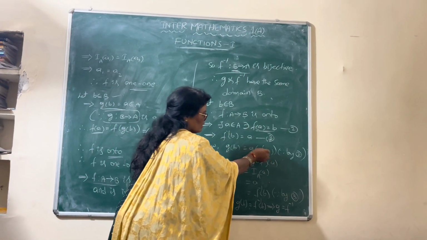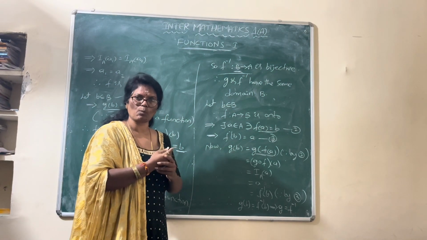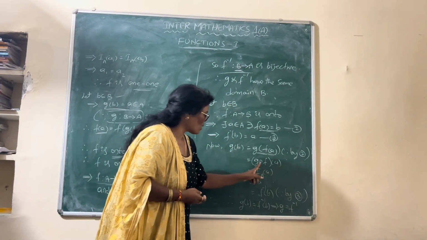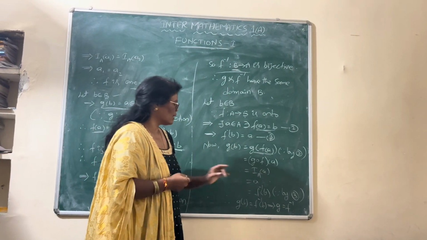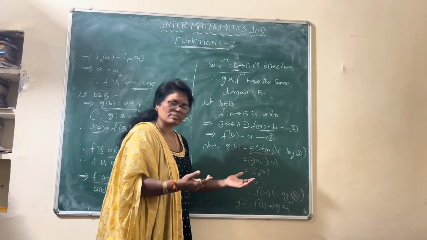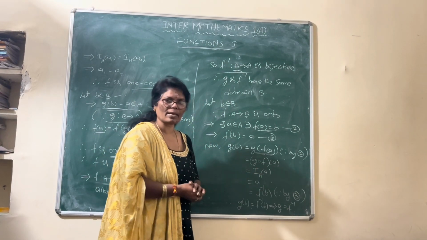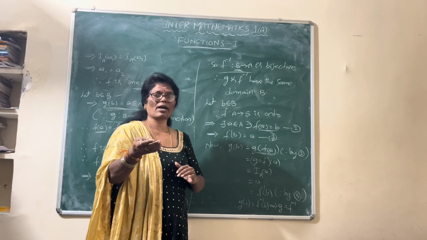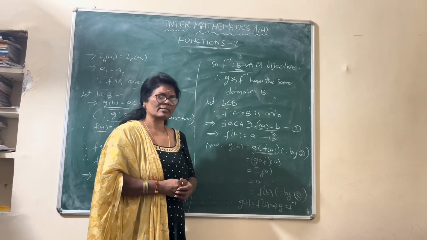Using the definition of composition, this can be written as g composite f of a. And g composite f of a is the identity function ia of a. By the definition of identity, that is simply the element a.